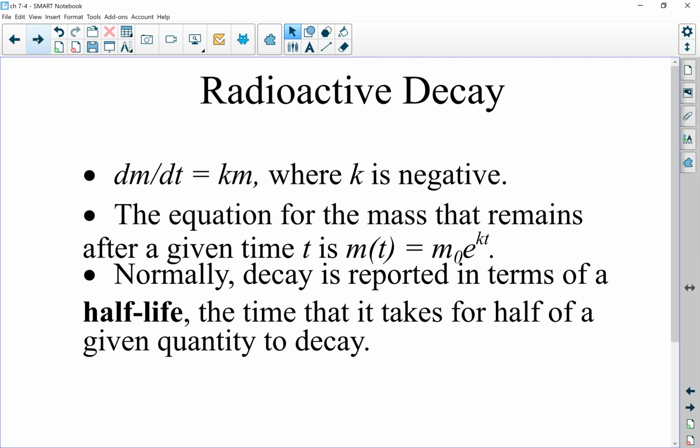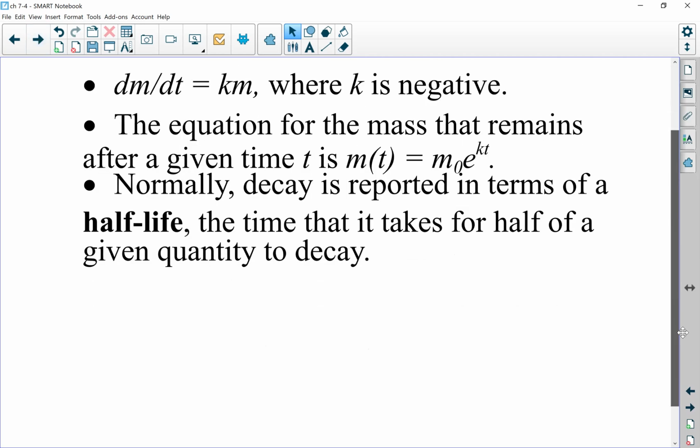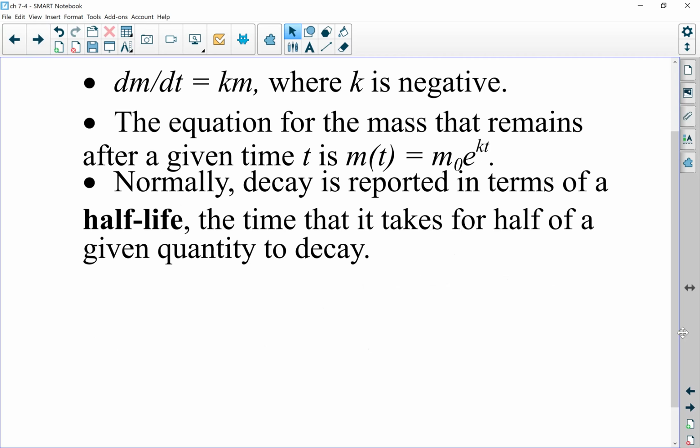And so e to a negative exponent goes to 0 as, in this case, time goes toward infinity. So we need that negative exponent for decay. And again, with radioactive decay, most often we talk about the half-life. How long does it take for half of a given quantity to decay?